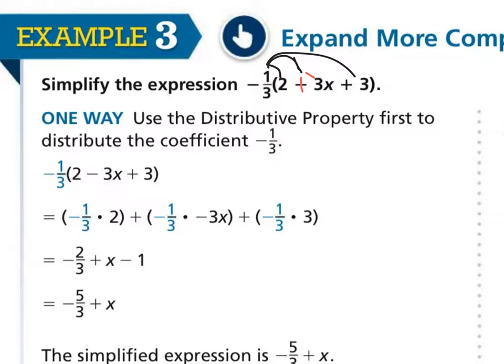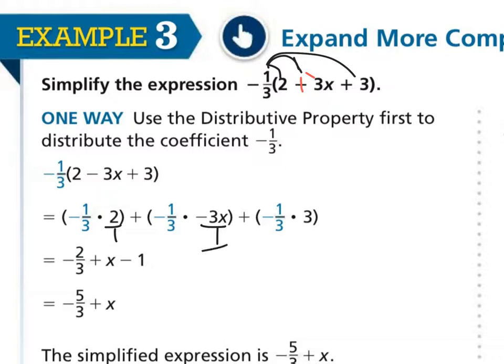So 1/3 times 2. 2, it's like 2 over 1, so that'd be negative 2/3. And then negative 1/3 times negative 3x. That we could put over 1.